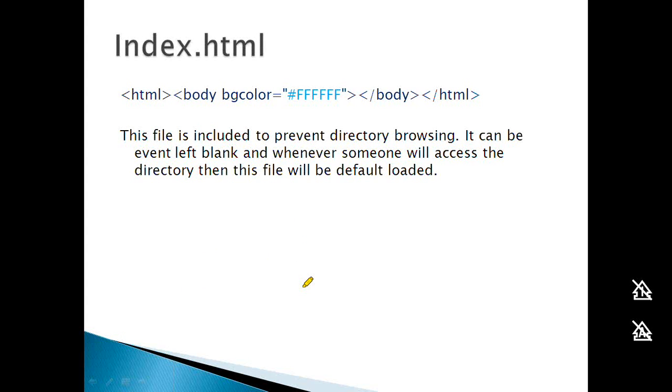And the last thing for this particular module is the index.html. You can keep it blank, or you can add dummy tags to this with a white background color. It is very easy and meant to prevent directory browsing.